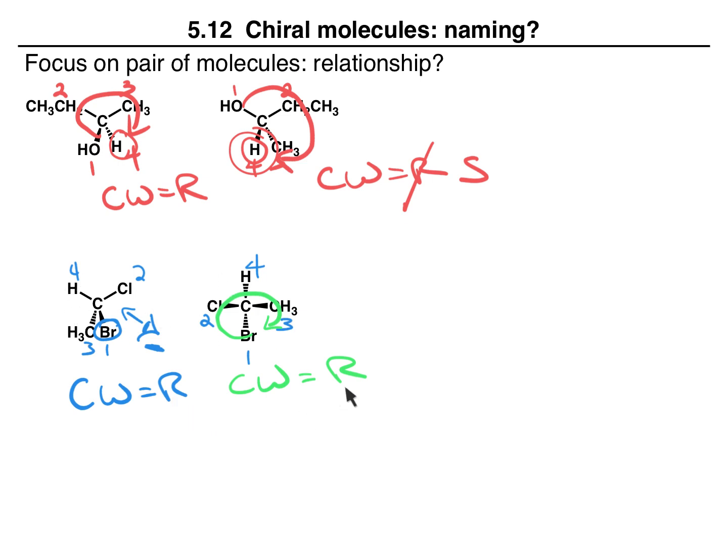They have the same configuration. Therefore, they are just different representations of the same molecule. So assigning R or S configuration is necessary to be able to name a compound, but here we can see that it can also be useful to be able to compare two representations.